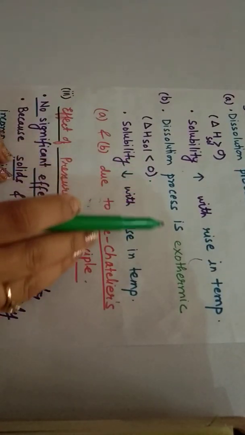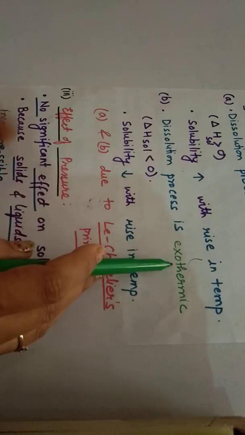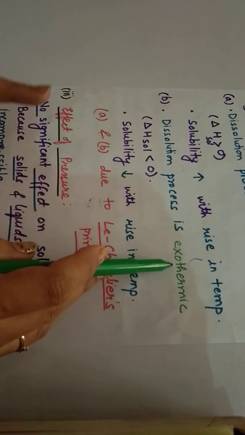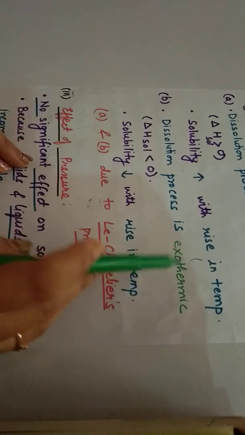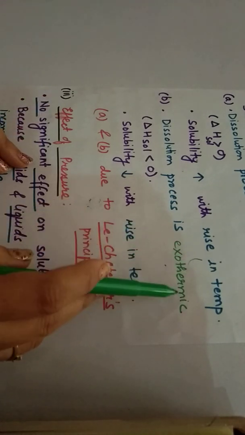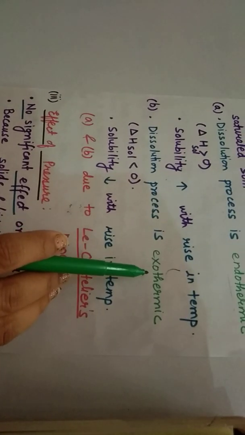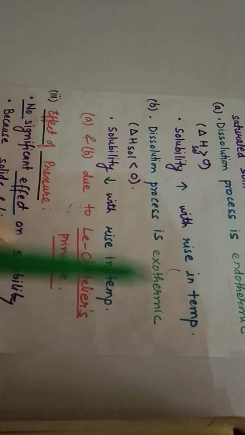In the same way, if dissolution process is exothermic, heat is released, so temperature is also high, so the reverse of that will happen. So now the solubility will increase with the decrease in temperature. If the dissolution is exothermic, solubility will increase with decrease in temperature because already there was very high temperature.